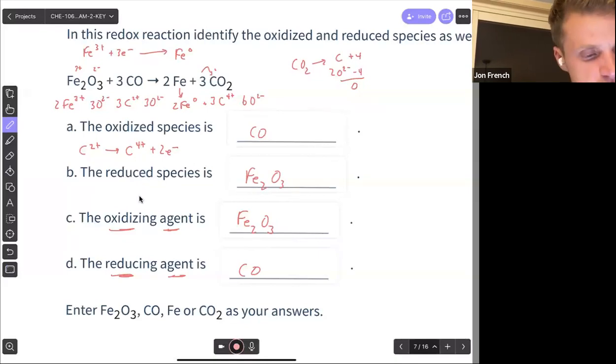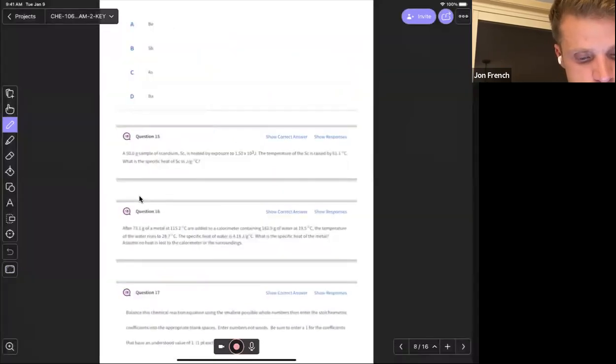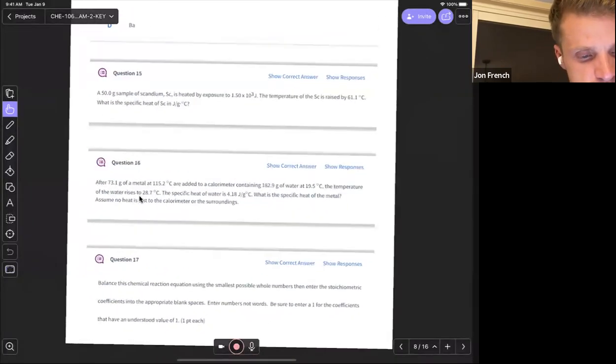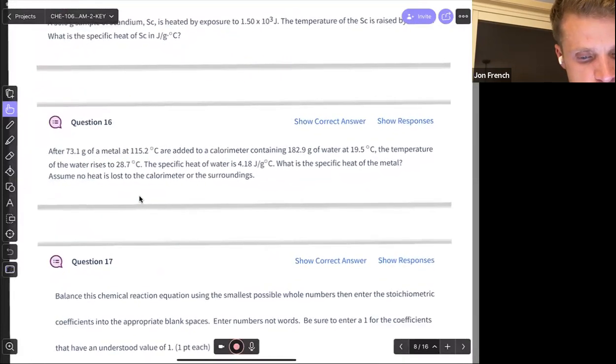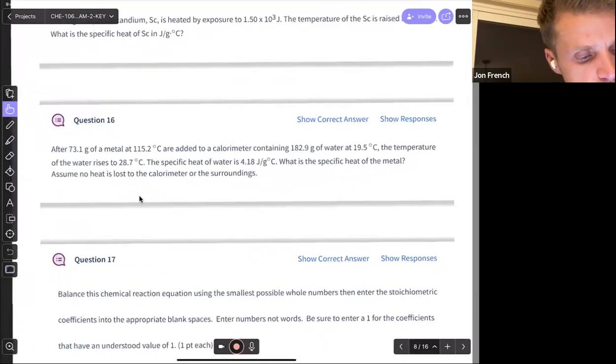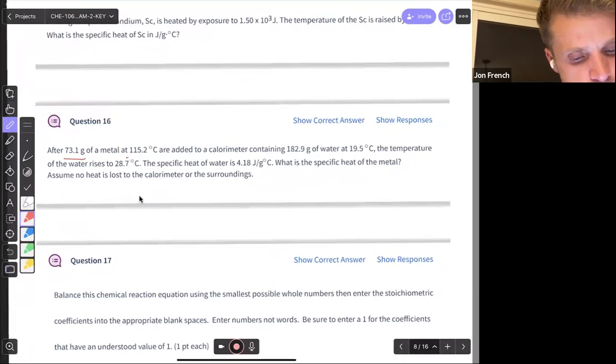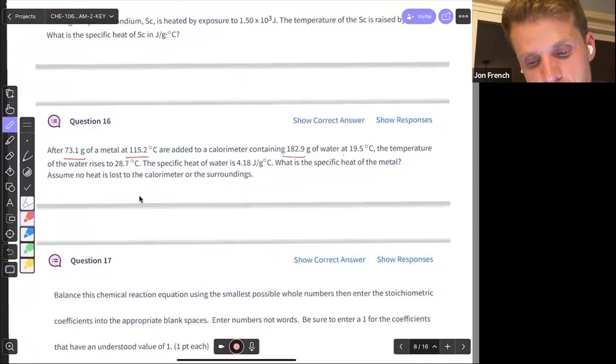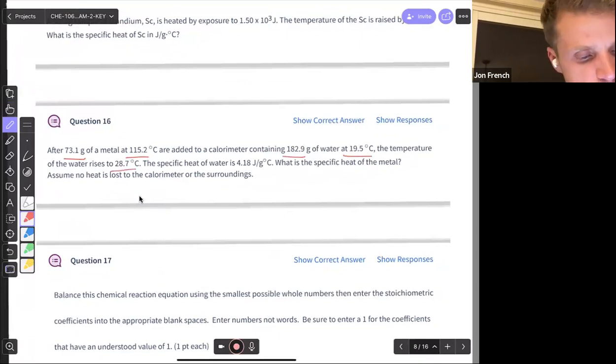All right, last one, question 16 here. Oh, of course, it's a calorimetry question. Yeah, so we've got 73.1 grams of metal at 115 degrees Celsius. All right, temperature.